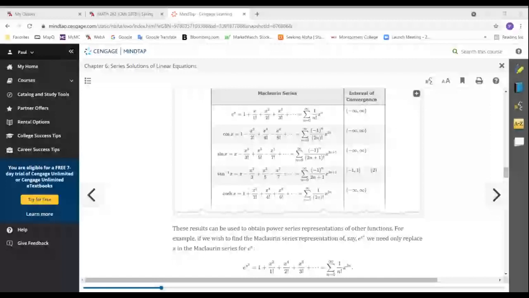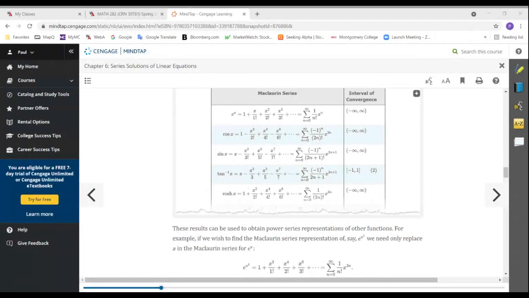Okay, I'm going into section 6.1. Yeah, this is what I want. So let me share my application here. Okay, double click on it if you want to make the screen a little bigger.